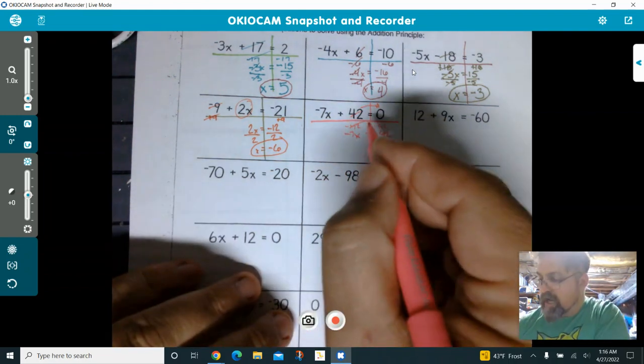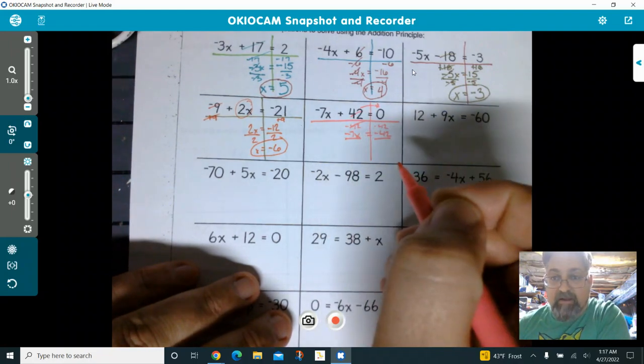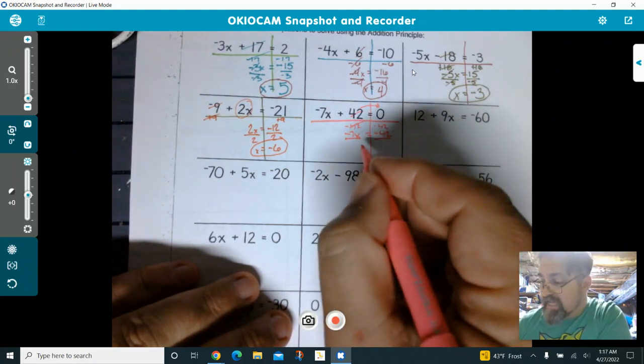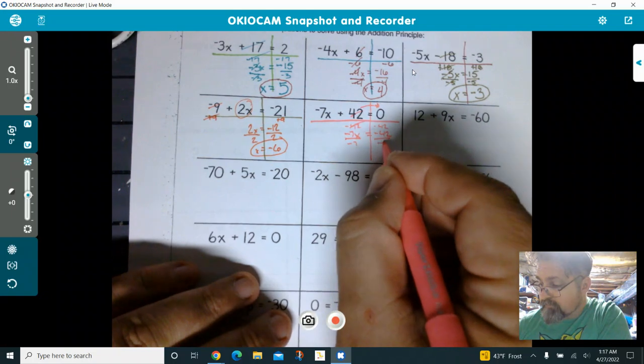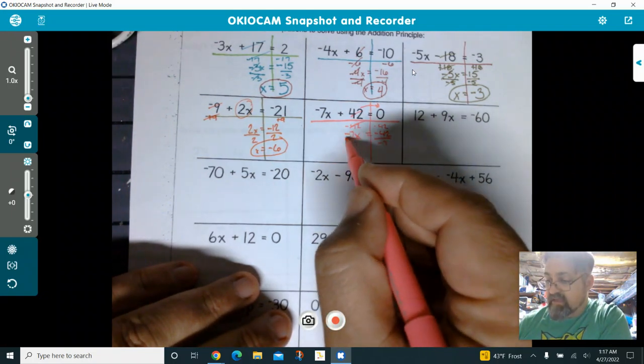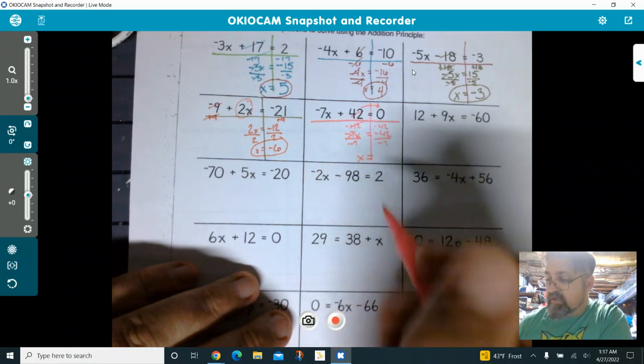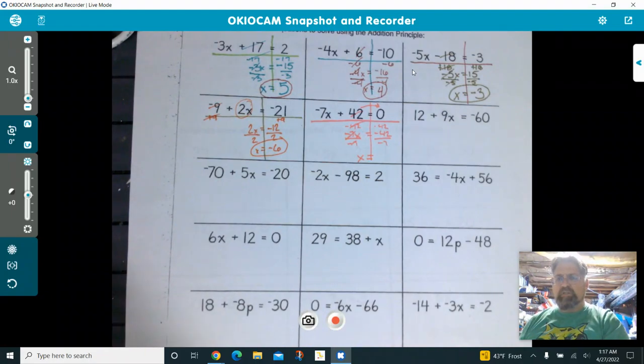Divide. Yes, good job. Divide both sides by the number in front of my letter, the number in front of my x, which is negative 7. That negative 7 and that negative 7 cancel out, go away, leave me with x equals negative 42 divided by negative 7.